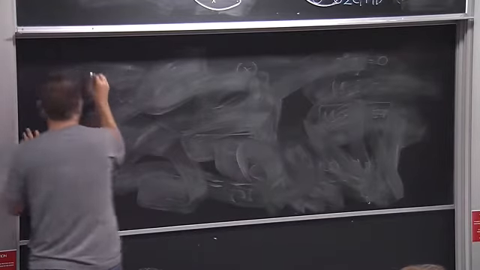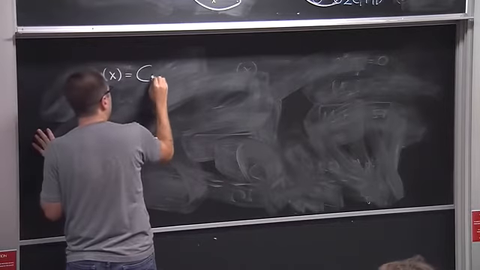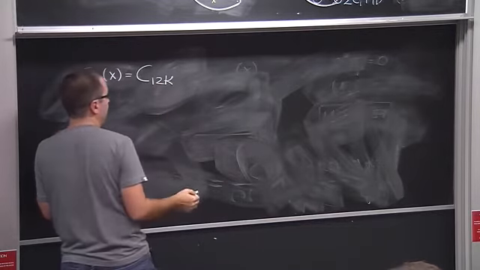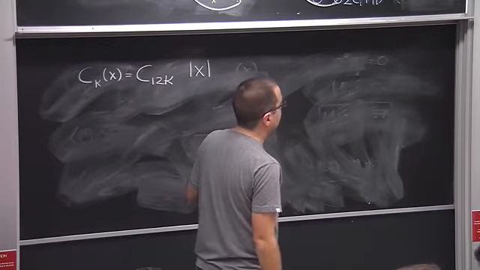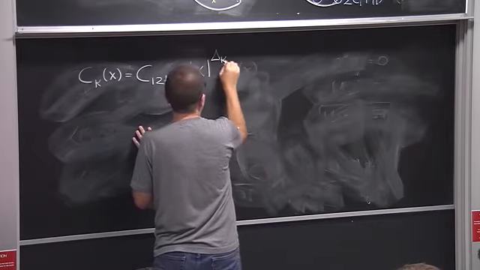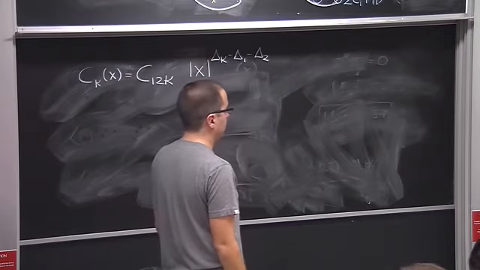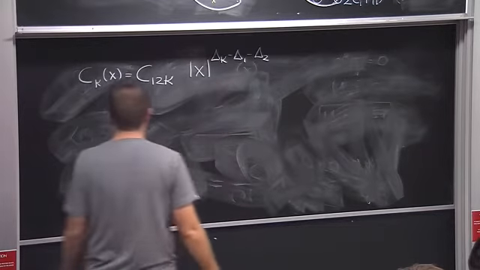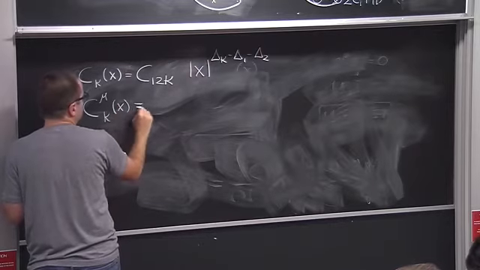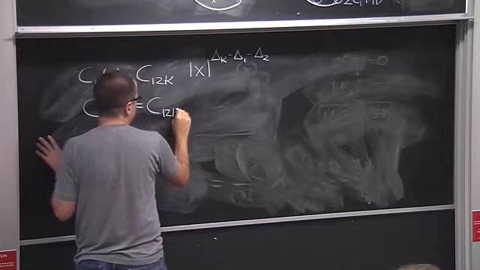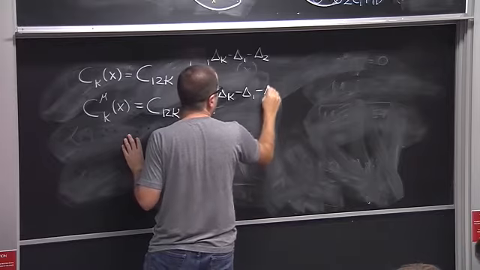We are learning that ck of x is equal to the structure constant c1 to k, this number, times x to some power. What power? Let's see. x to the power delta k minus delta 1 minus delta 2. And then we learn that c mu k of x is equal to the same thing, c1 to k, x to the power delta k minus delta 1 minus delta 2.